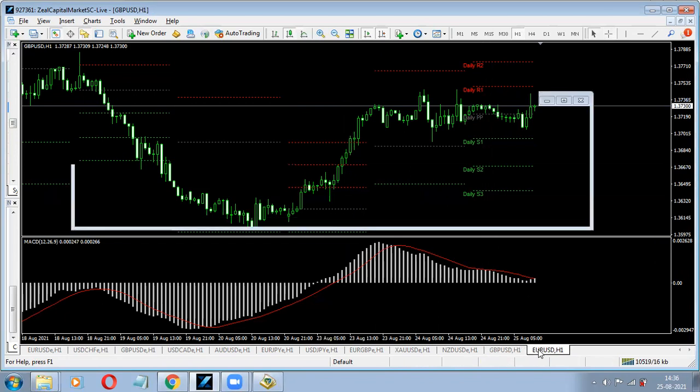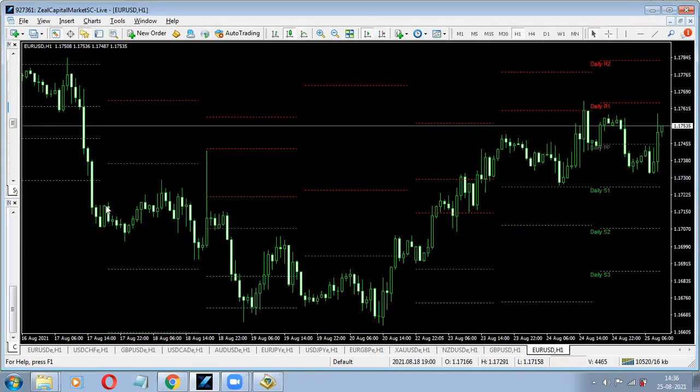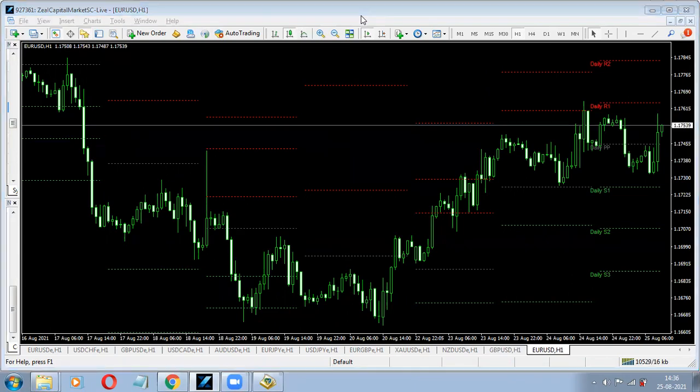Another example here. There's no indicator, only pivot points here, Euro USD pair. So normally what happens, whenever the price crosses the pivot points and the next candle then goes down, it keeps on going down here.